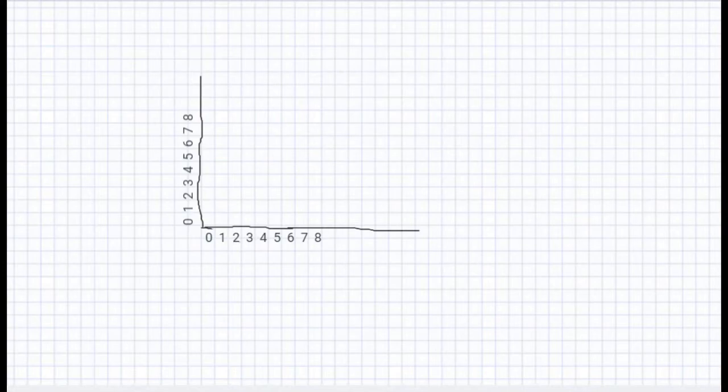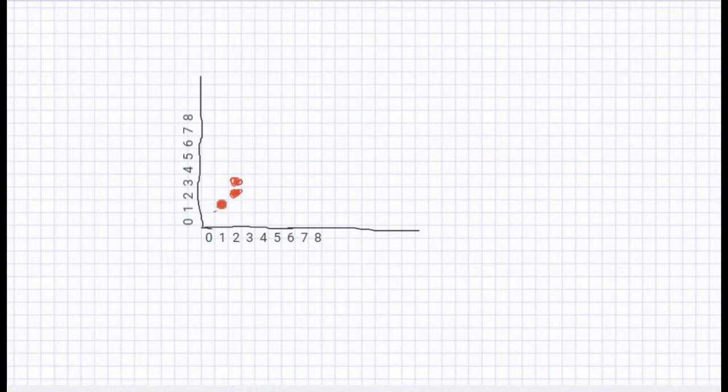So now the first point was 1, 1. So this is the first pixel that we will plot. The second point was 2, 2. So this is the second point. And the next point is 2, 3. So this is 2, 3.